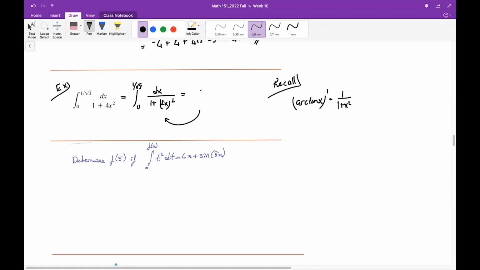Okay, obviously, let me write it here. Arctangent 2x, if you derive it, what do we obtain? 1 over 1 plus 2x squared, but don't forget to multiply with the derivative of this inside function, which is 2. And you want to get rid of this 2 here. You see there is no 2 coefficient here.